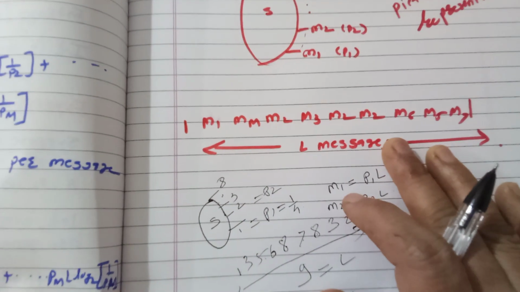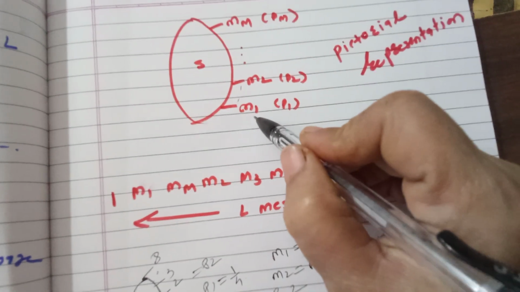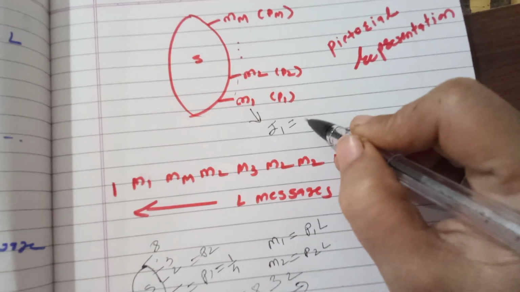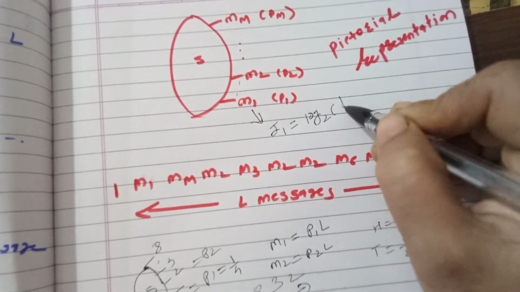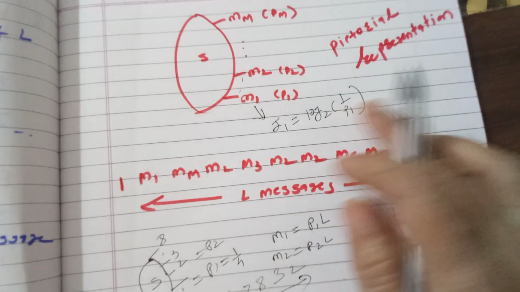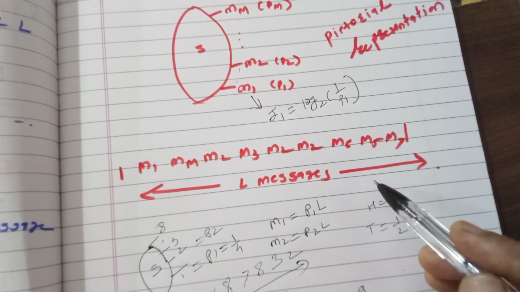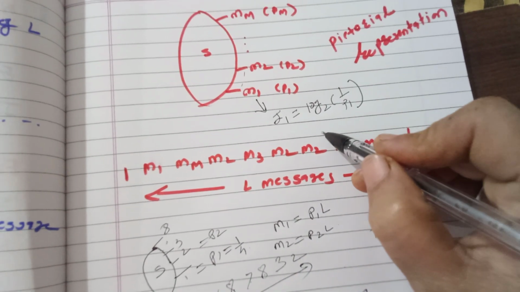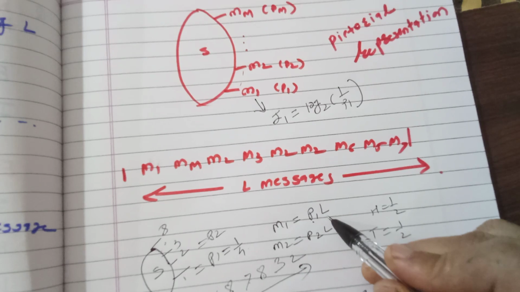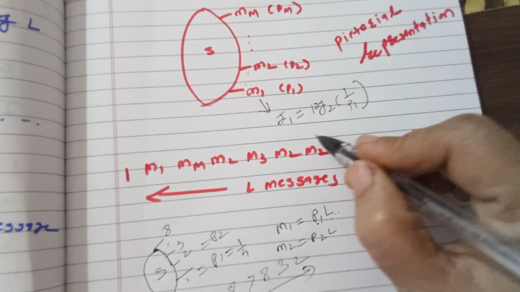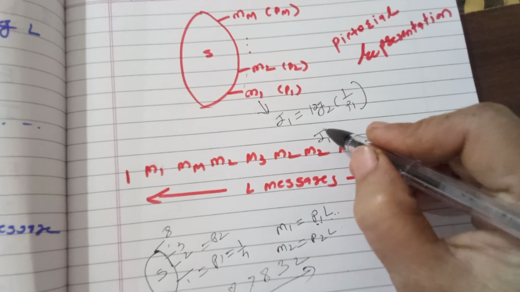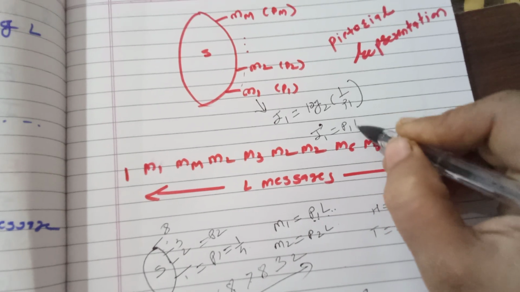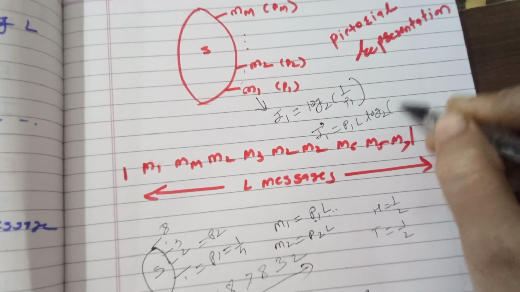So how many M1 messages are there in these L messages? P1 L messages of M1 are there. So in these L messages, the information carried by M1 is I1 dash equal to P1 L into log 2 of 1 by P1.